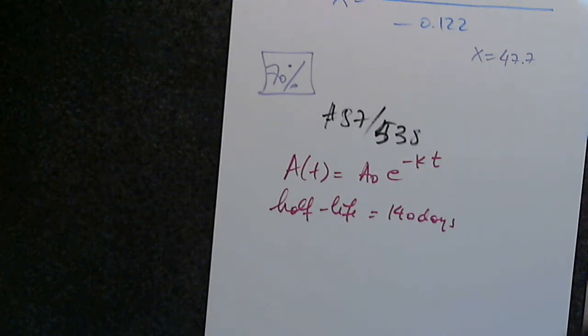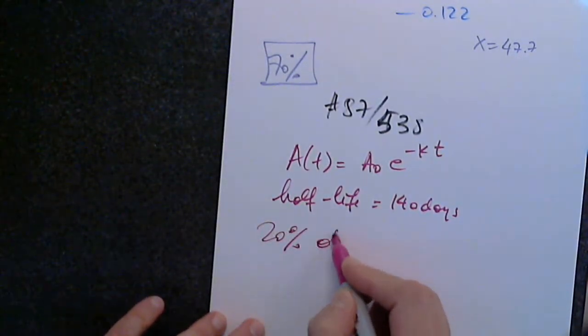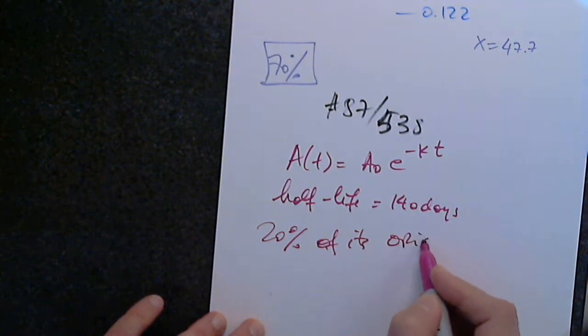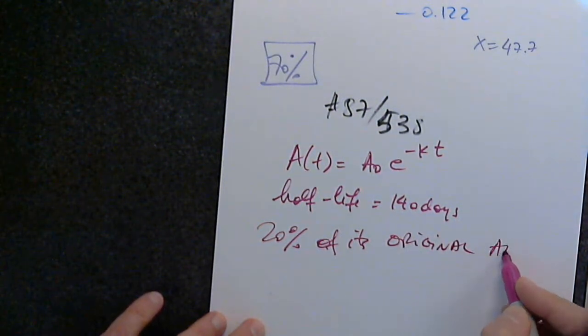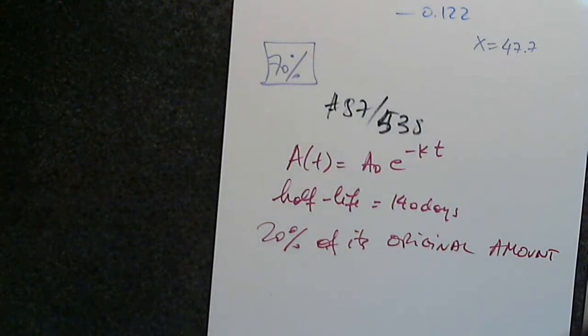How long will it take for a sample of this substance to decay to 20% of its original amount? How long will it take for any sample to decay to 20% of it?